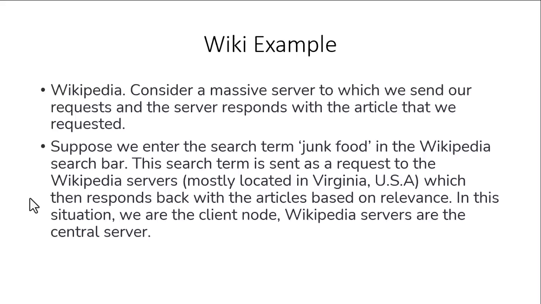Suppose we enter the search term junk food in a Wikipedia search bar. This search term is sent as a request to the Wikipedia server, mostly located in the USA, which then responds with the article based on relevance. In this situation, we are the client node and the Wikipedia server is the central server. So we have one centralized server and we are the clients.